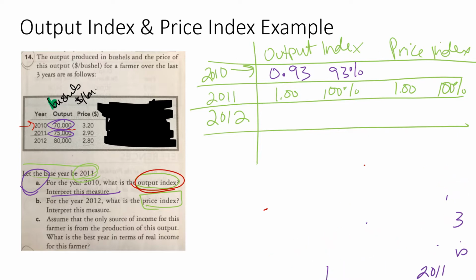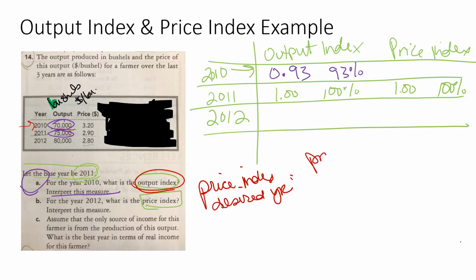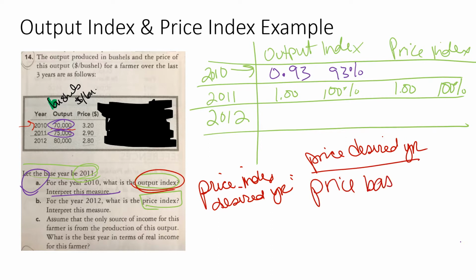Okay, so part B says, for the year 2012, what is the price index? Okay, so if we're calculating price index of desired year equals price of desired year divided by price of base year. So our price of 2012 is $2.80 divided by the price of our base year.